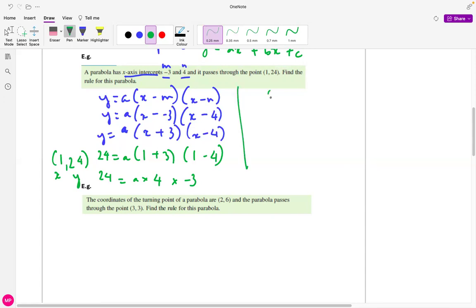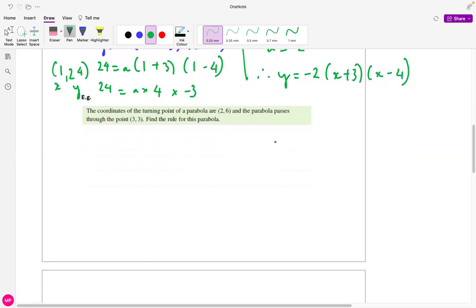So I have 24 equals -12a. I divide by -12 on both sides, and I get a equals -2. Therefore, my equation is y equals -2(x plus 3)(x minus 4).